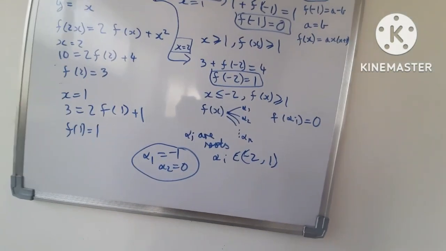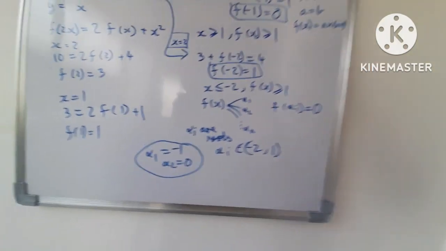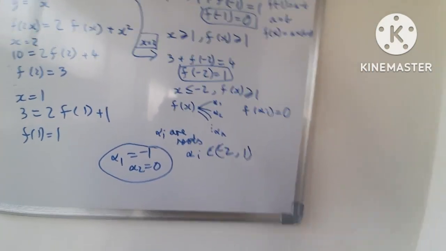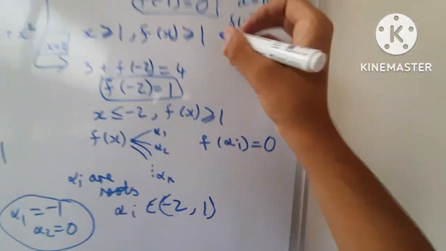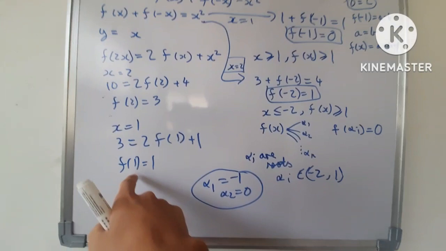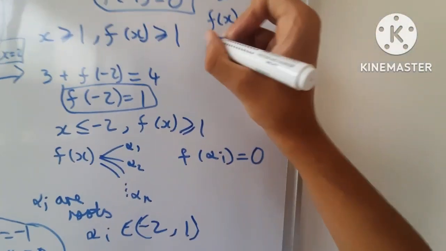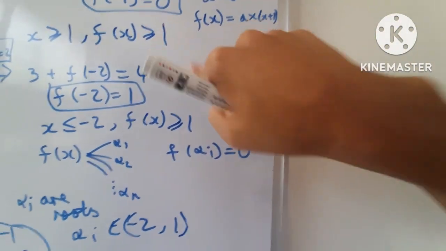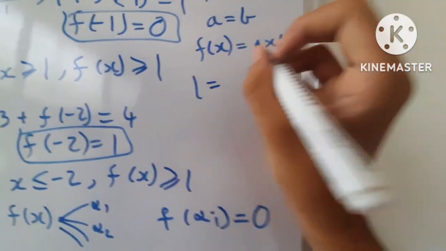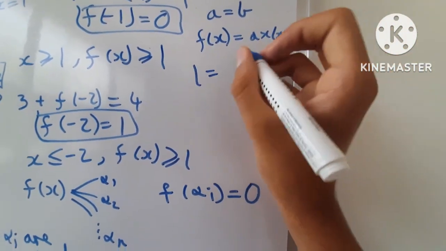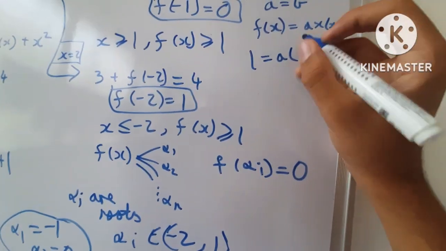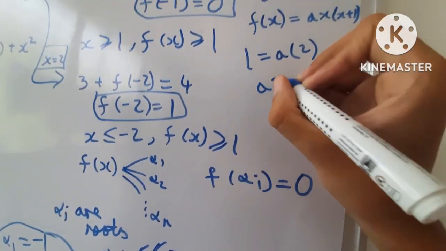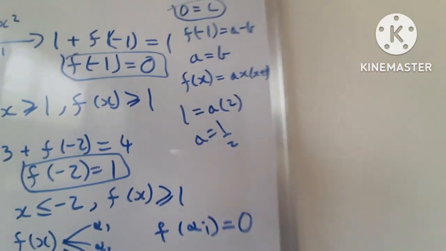The only thing left for us to find is what a is, and that is not that tough. So we plug in x equal to 1, and we're doing that because we have some initial values. So f of 1, which is 1, is equal to a times 1, that's a, and then times x plus 1, that's 1 plus 1, which is 2. So a is equal to 1 by 2.